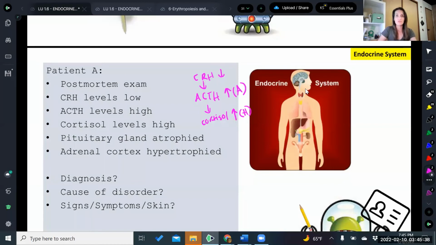Right? And there's only one way that we would have atrophy of a gland and high levels of that hormone that would supposedly be produced by that gland, and that is the scenario where we are injecting that hormone. Right? So what we would infer from this finding right here that doesn't seem to match up is that this individual was taking exogenous hormone injections of ACTH, right? Hormone replacement.